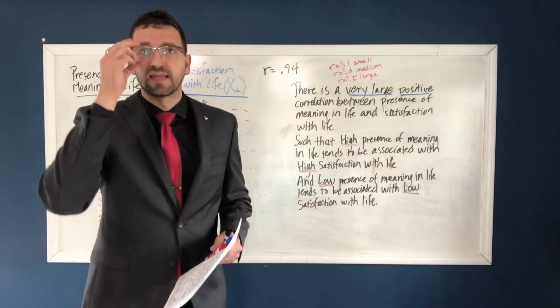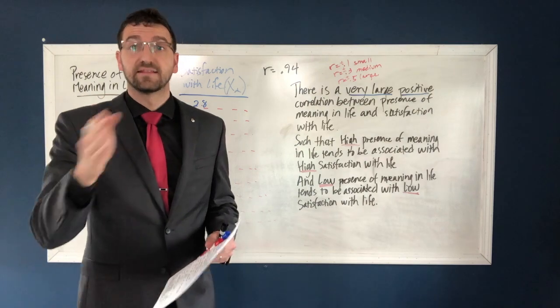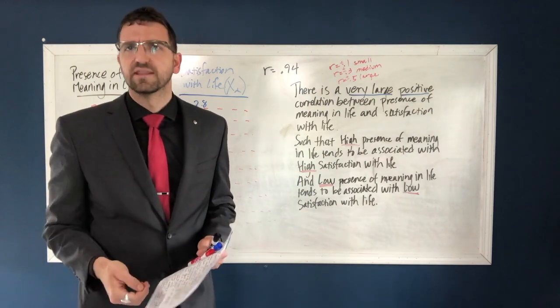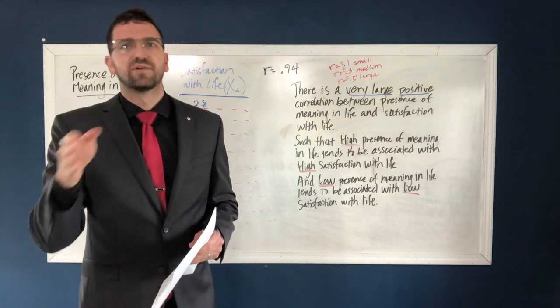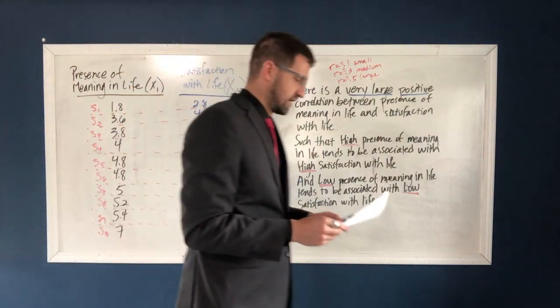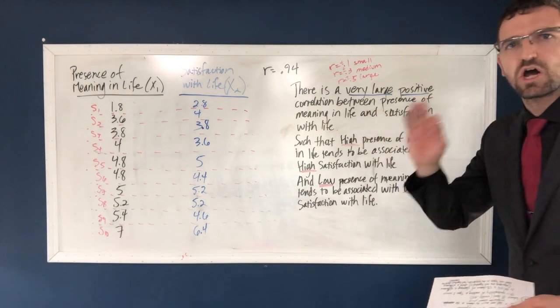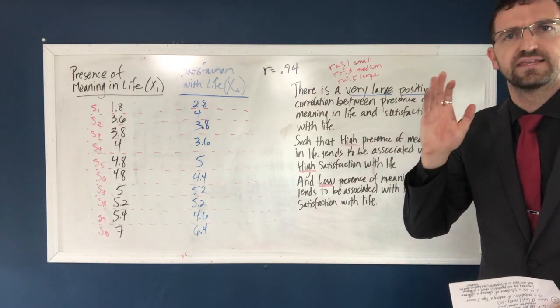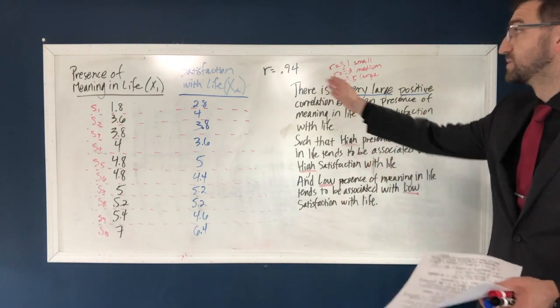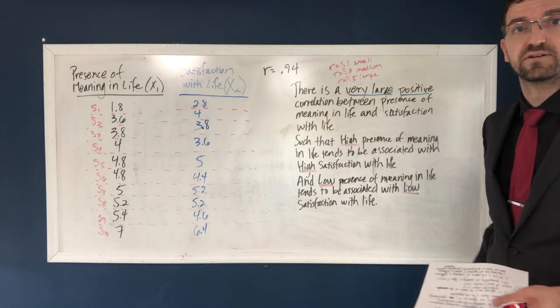So when it's a positive correlation, we have high with high and low with low. If it's a negative correlation, we have high with low and low with high. So this is our interpretation of the sample correlation between these two variables.